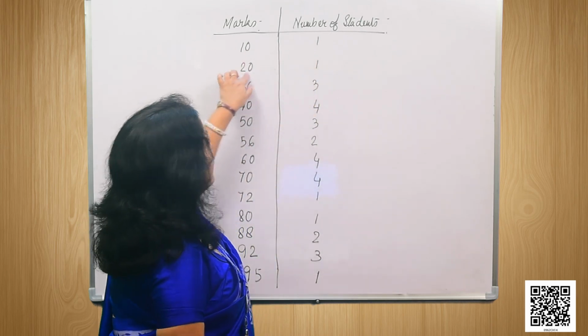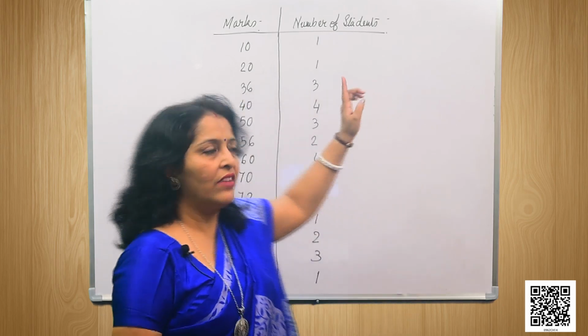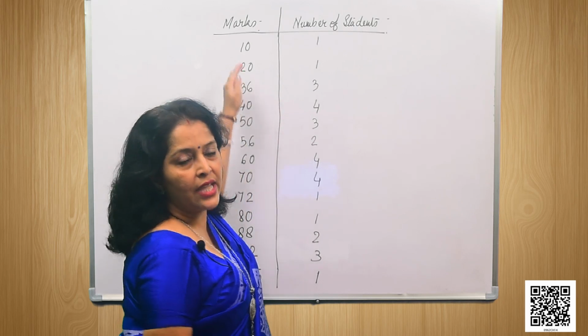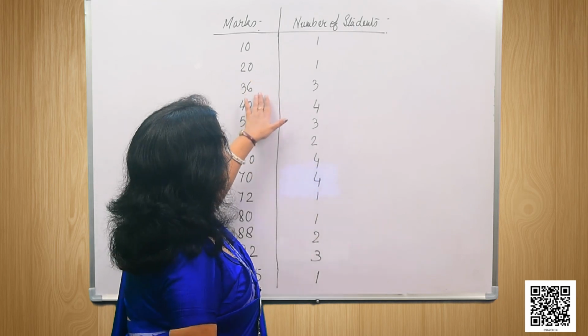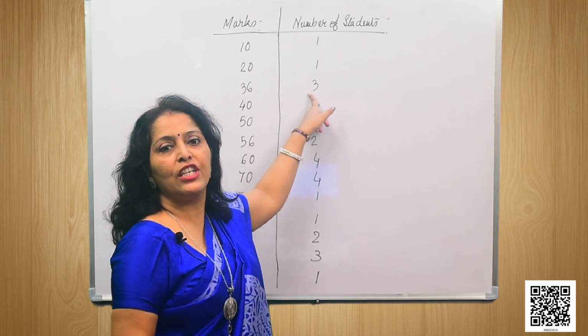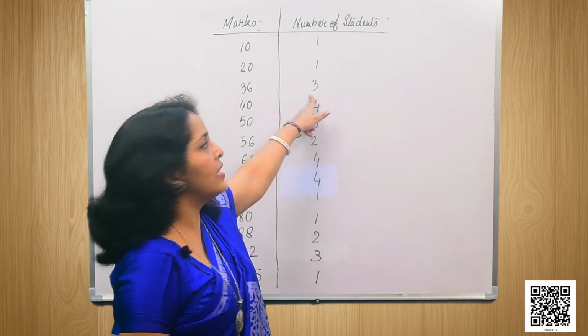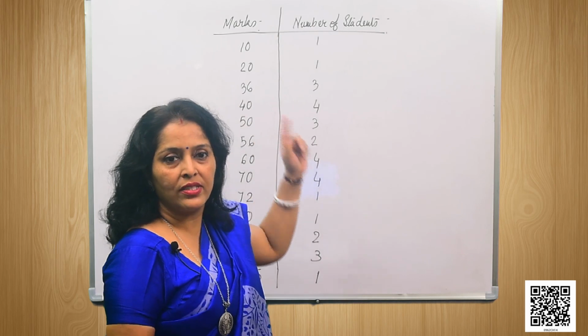The marks 20 was also achieved by only one student, so I have written 1 here. Next number 36, this side we have written all of them in ascending form. Next number 36 is achieved by 3 students in the class, so I have written 3 here, since this column is for the number of students achieving those marks.